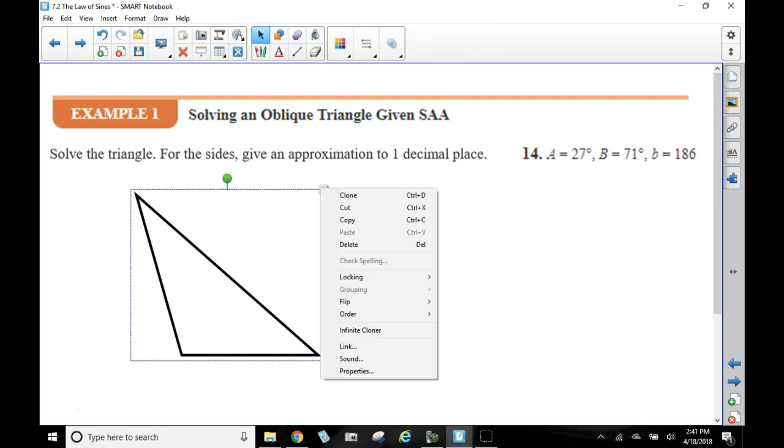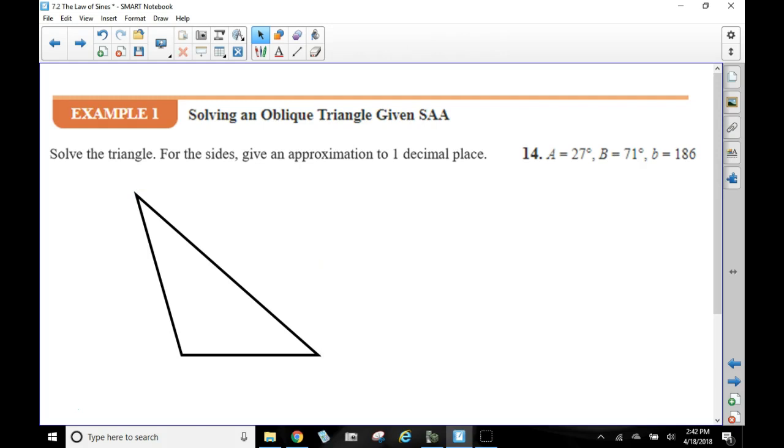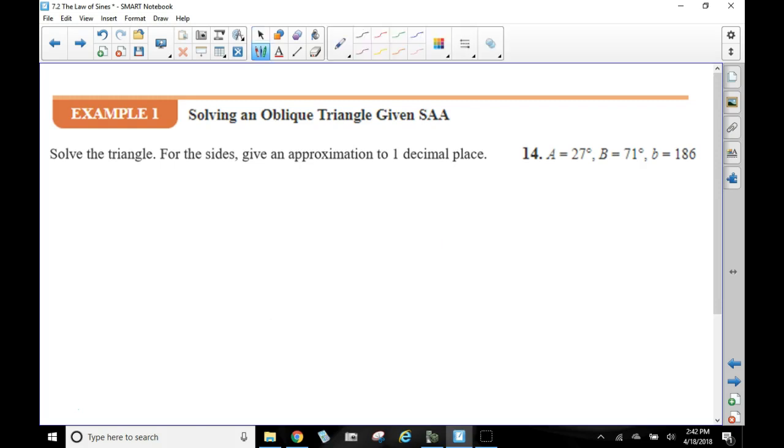I also didn't really want to use this option right here because that's an isosceles triangle, and these might not have two sides that are equivalent. Okay, I'll just old school draw a triangle. Now this won't be drawn to scale necessarily.